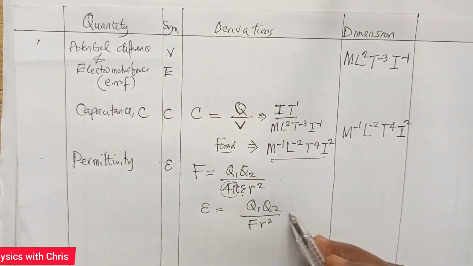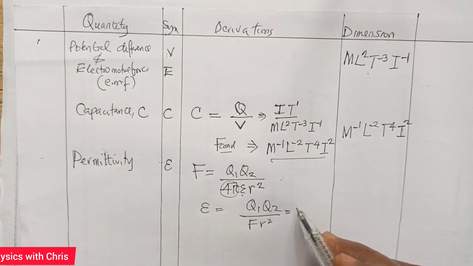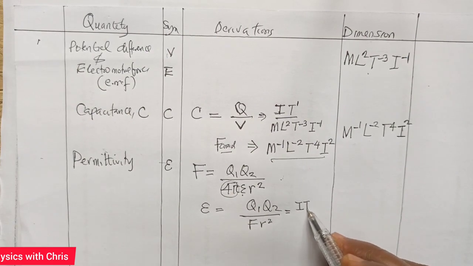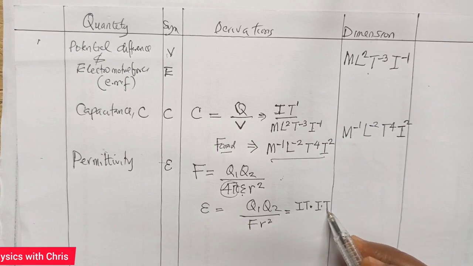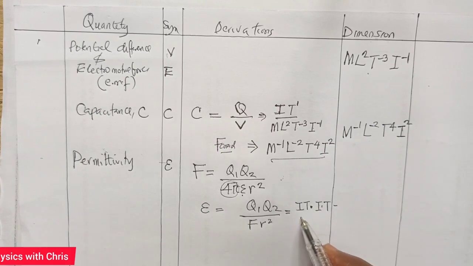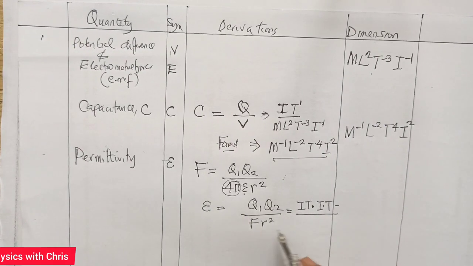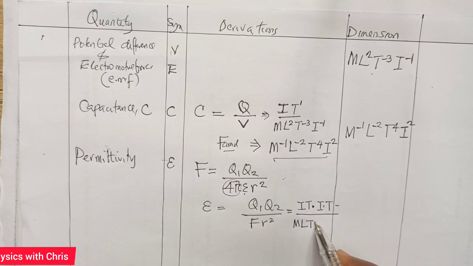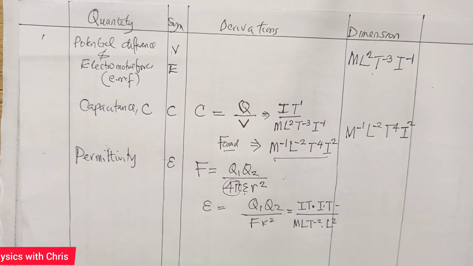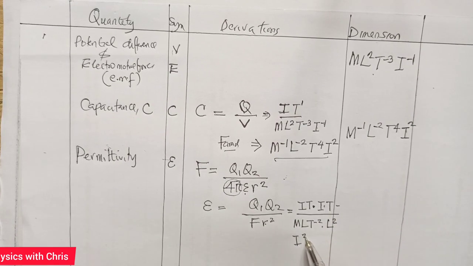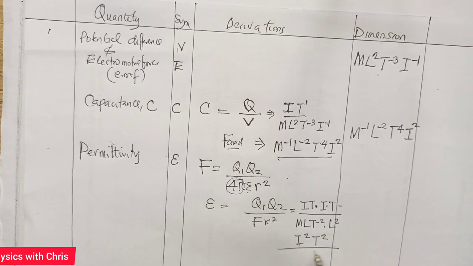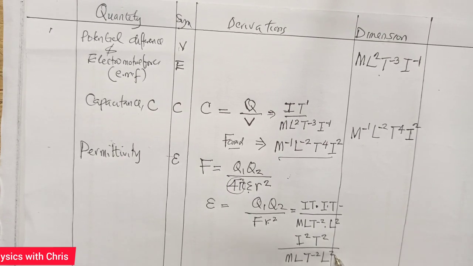So this gives me the product of the charges, dimension I times T multiplied by I times T. That will give me I squared T squared. Now F is M L T minus 2, multiplied by distance, the separation of the two charges, that gives me L squared. So simplifying this gives me I squared T times T gives T squared, divided by M L T minus 2 L squared.